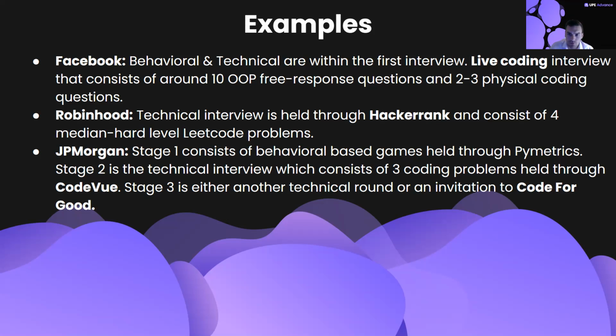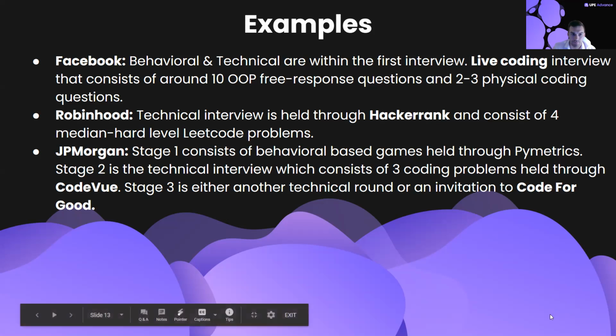Once you get past that, you're on to the third round, where you're either invited to Code for Good, which is a good sign, or you're automatically rushed to the final stage, which is just a small brush up on technical and behavioral skills together. Very light questions. Either outcome is very good if you can get to the third round. The second round will probably be the hardest.